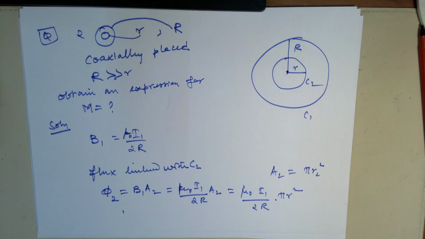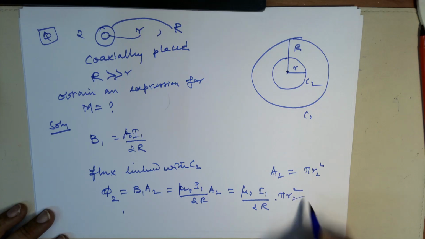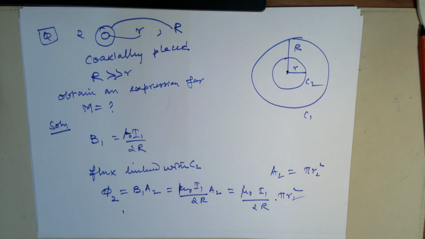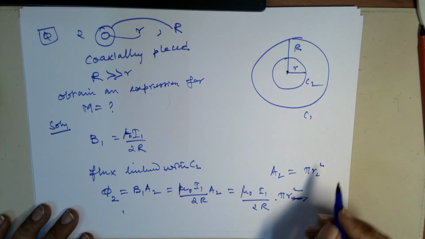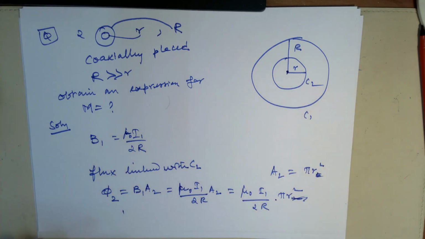What is the area of a circle? Pi r square. Let us not call it r2, I have simply put small r. So small r square.